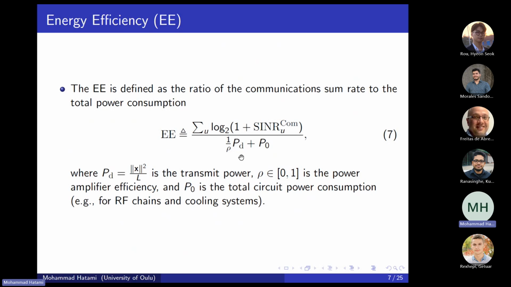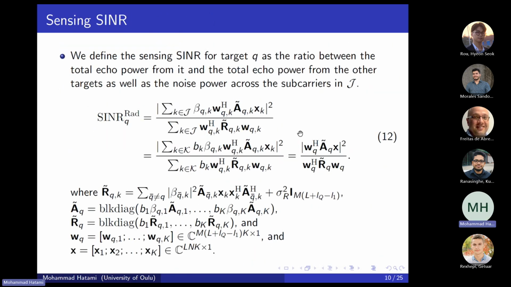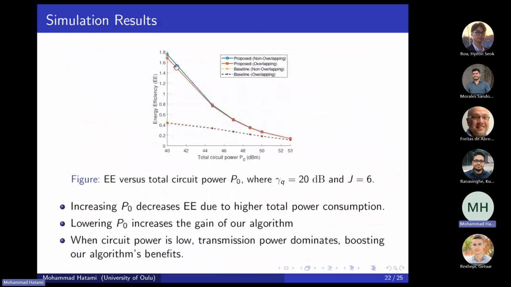So the performance of our metric would be close to the case when we only maximize this numerator. So as you can see here, when we increase P0, the performance of the proposed scheme in which we maximize the energy efficiency will be very close to the case that we only maximize the communications throughput.